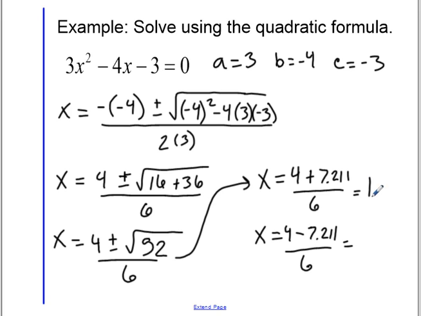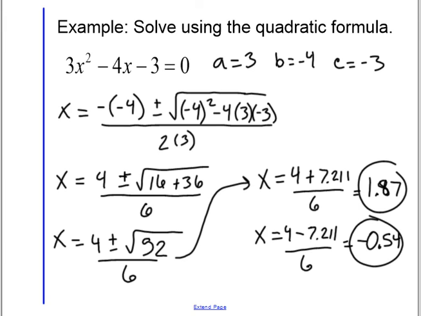And I end up with positive 1.86, but rounds up to 7. And for my second one, 4 minus the square root of 52 equals divided by 6. And I end up with a negative 0.535, so 5.4. So here are my two answers, my two solutions.